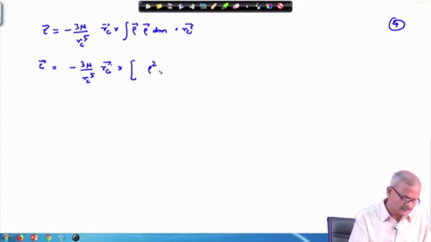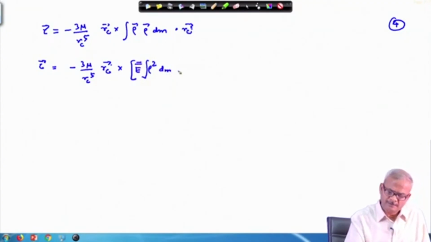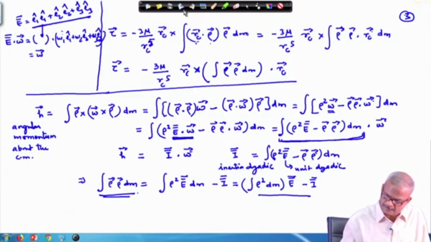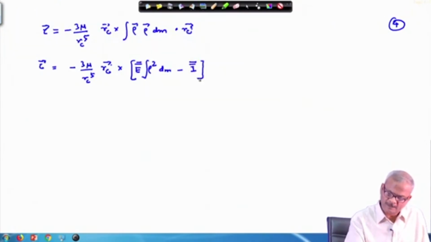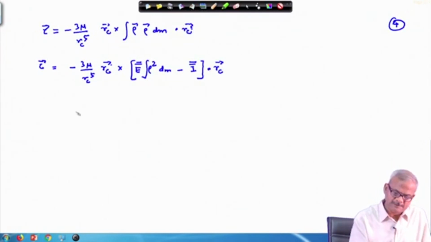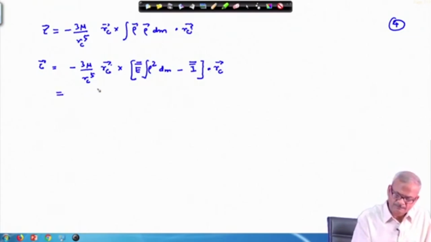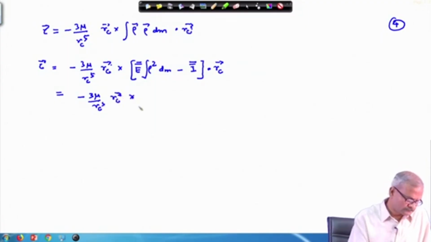So, this is rho square d m E double bar minus I double bar, this is I double bar dot R c, E double bar dot R c.